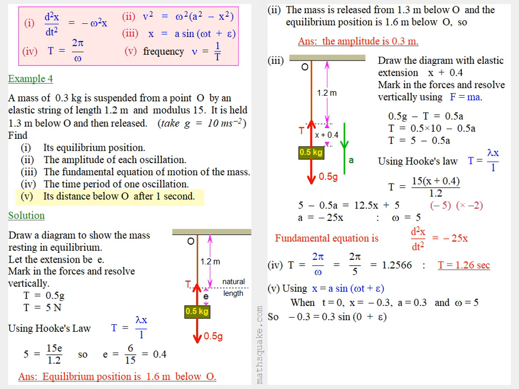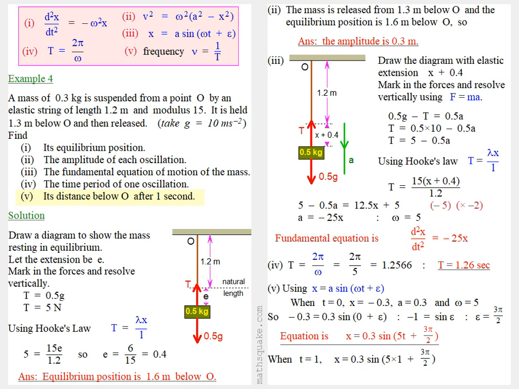So we have minus 0.3 equals 0.3 sine(0 plus epsilon), because t is 0. So that gives us minus 1 is equal to sine of epsilon, so epsilon is 3 pi over 2. So the equation is x equals 0.3 sine(5t plus 3 pi over 2).